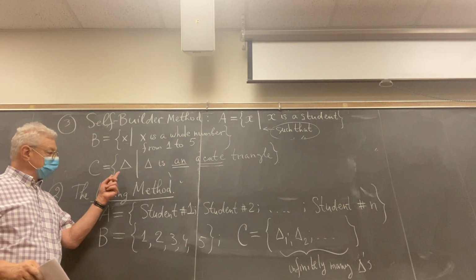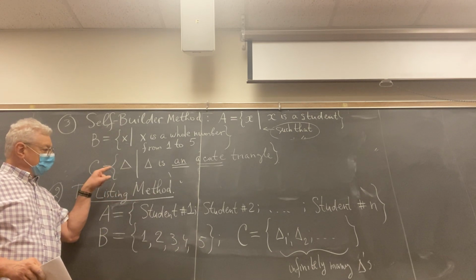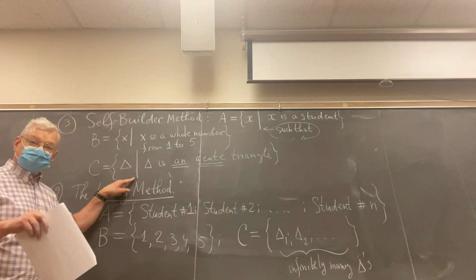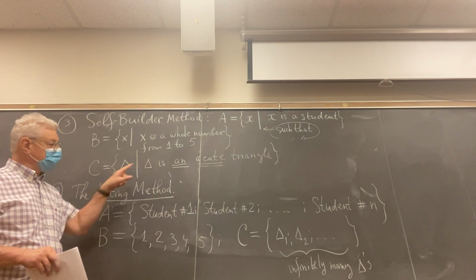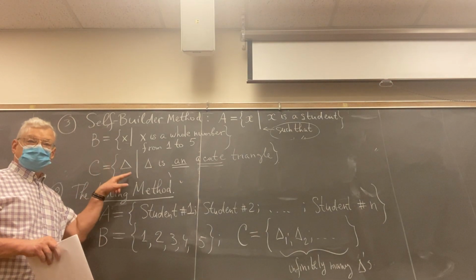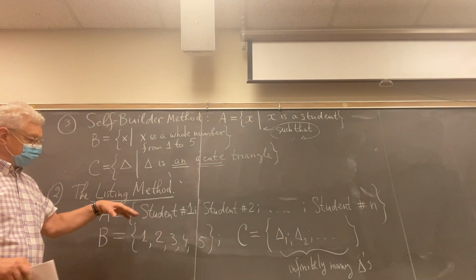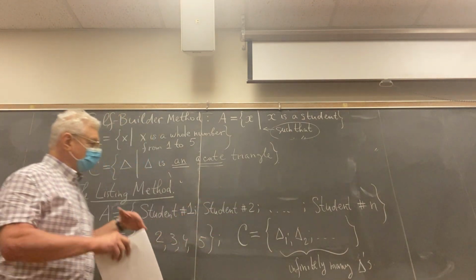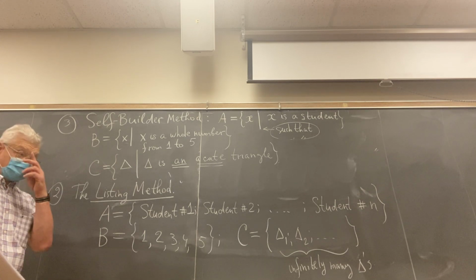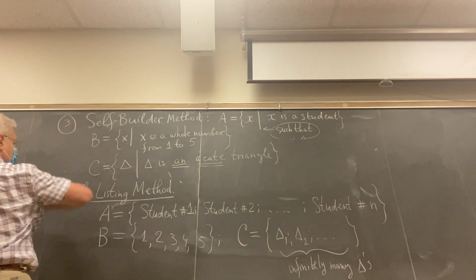But when I wrote delta here and then a vertical bar, it means elements delta such that, and now I describe what that is. Delta is an acute triangle, and after that I say that we consider all such deltas. So this is the same as what I erased, all triangles with all acute angles, less than 90-degree angles.